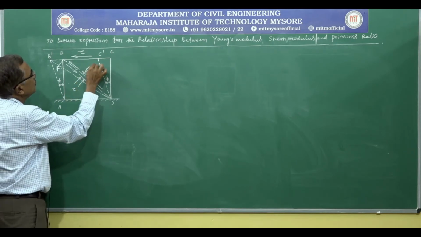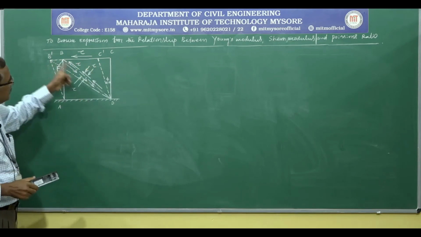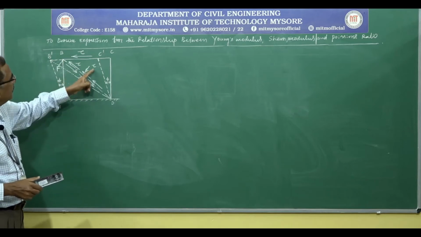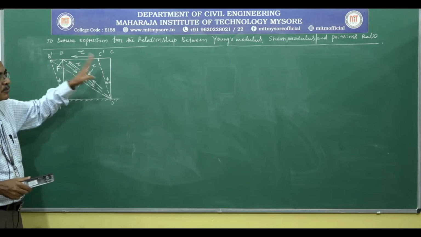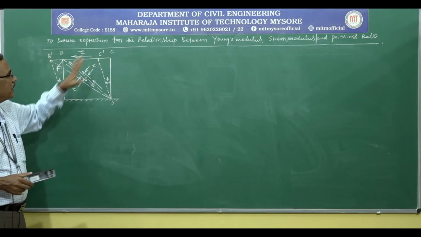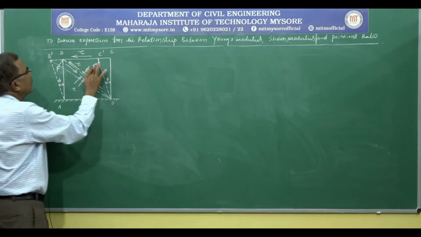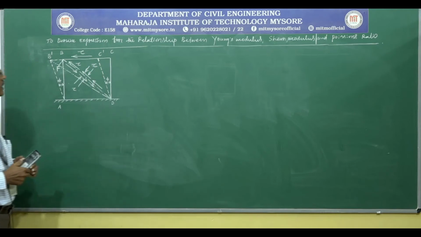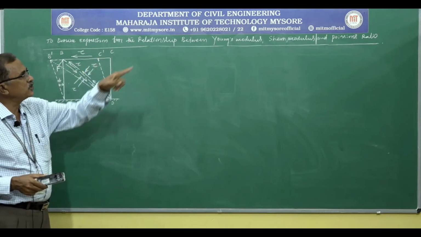So this is tau, you can see here. So along the diagonal and perpendicular to the diagonal, stresses of the same magnitude will develop to keep the system in equilibrium.